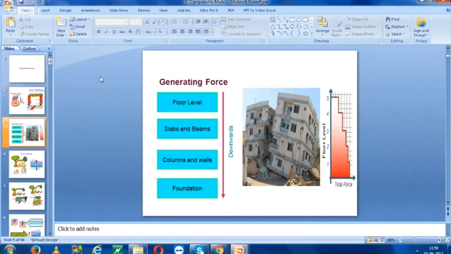The diaphragm level, which is the floor level, is the first to receive the earthquake force, and it transfers it to the beams, and the beams transfer it to the columns in RCC structures and to the walls in masonry structures, and they transfer that to the foundation, accumulating from top to bottom and increasing. That is why we have the maximum shear force at the ground floor level, for which we need to design our ground floor levels critically.